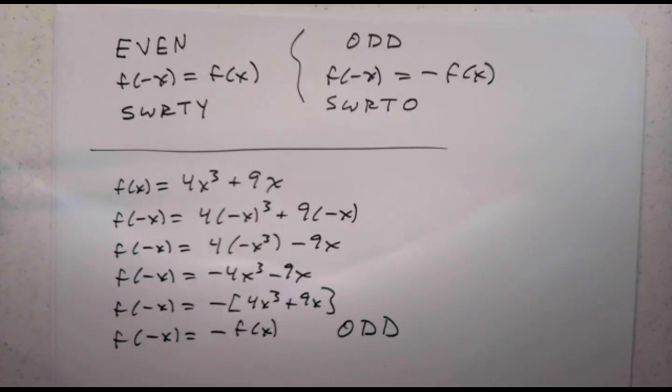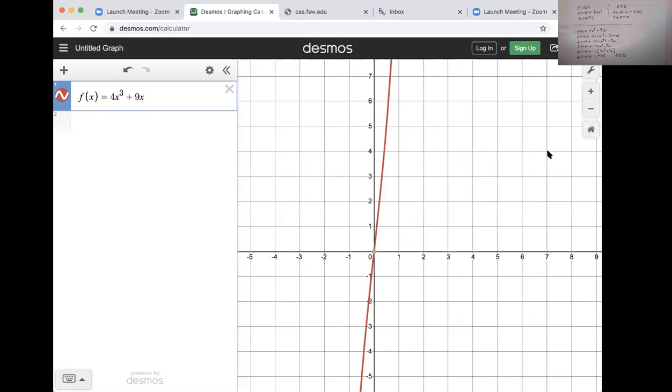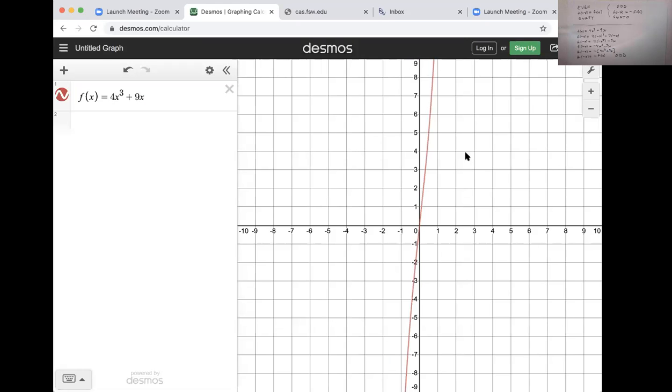Let's go to Desmos, and we'll graph f of x equals 4x cubed plus 9x. And if I do a double fold, kind of hard to see, but if I do a double fold, the points indeed match up.